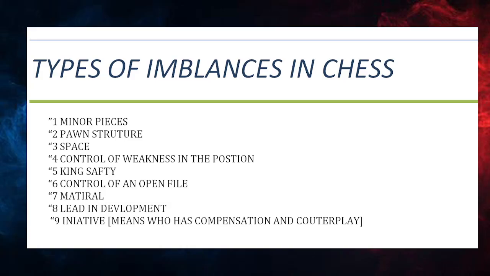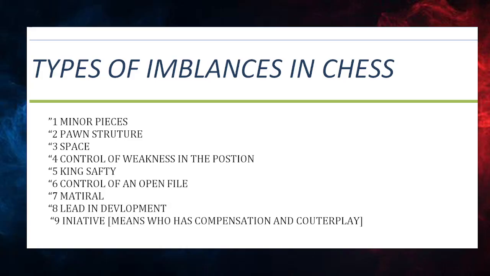You can understand this by positions that I will show in future videos. Space: the amount of space controlled by our pawns is known as space. Control of weakness in a position means control of weak squares, basically files or diagonals in this position, and is known as the control of weakness imbalance.